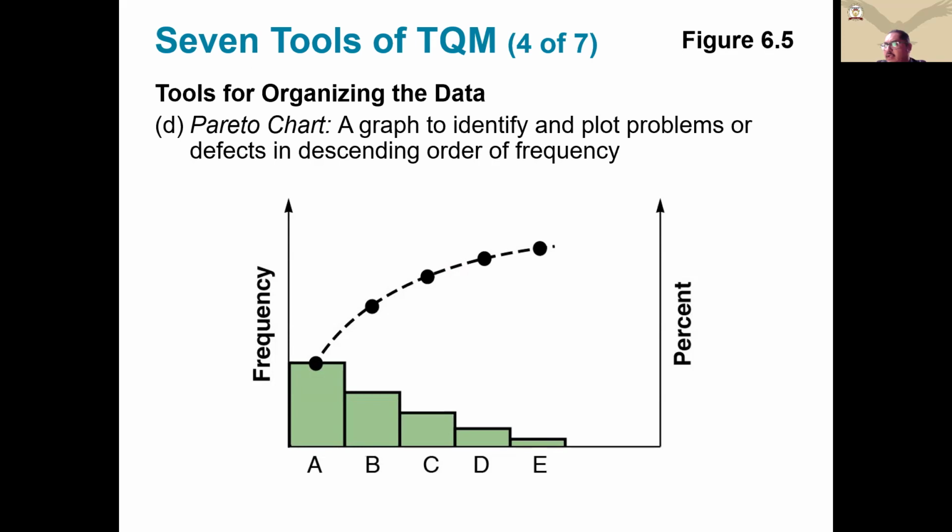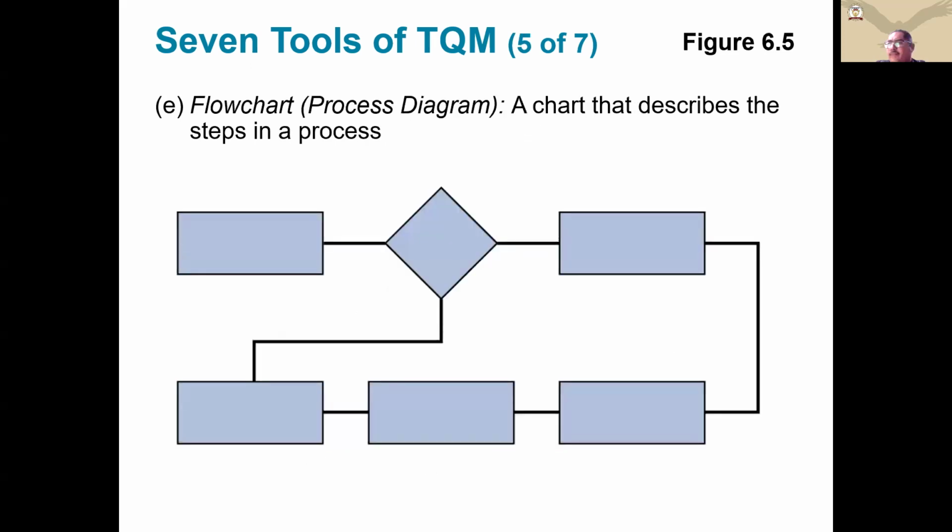Okay, so it's a pretty simple diagram, just a bar graph out of a frequency table that goes from the highest frequency down to the lowest frequency. And we have the flow chart, also called the process diagram, because you're able to visually depict what's happening in the entire process. We will mention the flow chart in a subsequent topic about process management.